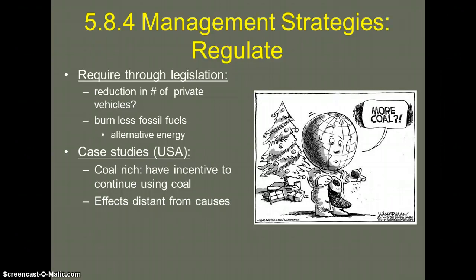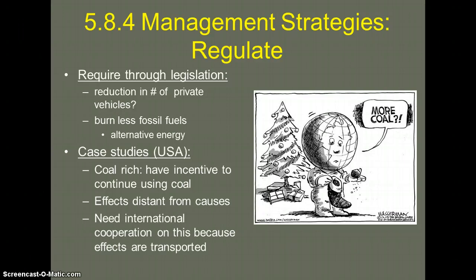Because of the wind and those regional issues, a lot of times it's hard to see the impacts, and that makes legislation very difficult. So really, because this is regional, but it's kind of weird and moves around, we really need to have an international push or a national push to get the cooperation that we would need on this, because it's a tough issue to really pass legislation.